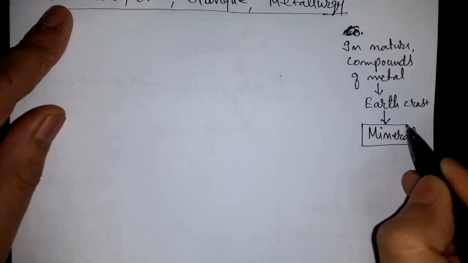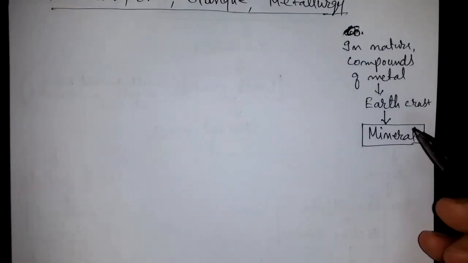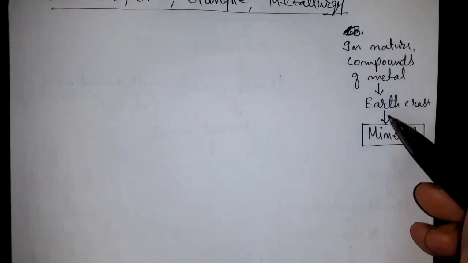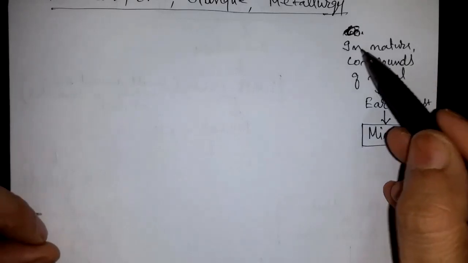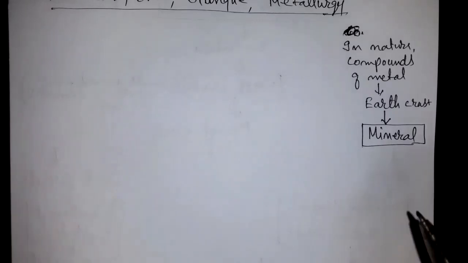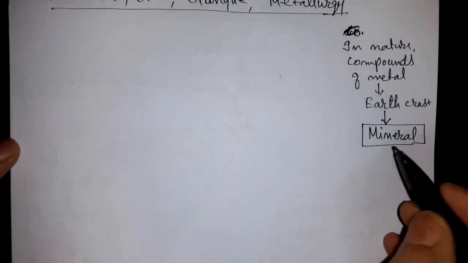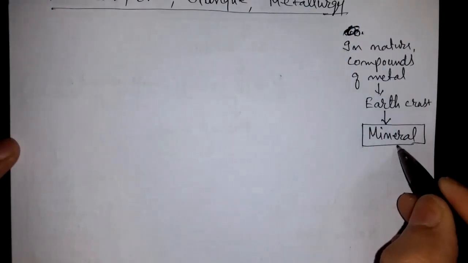So what is mineral? If the question is asked, then you can say mineral is a compound of metal, or naturally occurring compound of metal present in the earth crust. Or we can say that in nature, compounds of metals present in the earth crust are called minerals. Now, before we go to the next term, we need a discussion. Now, in the mineral, what will be there?